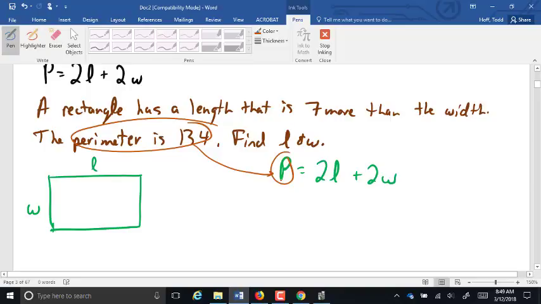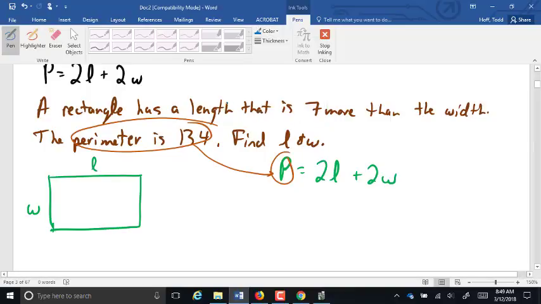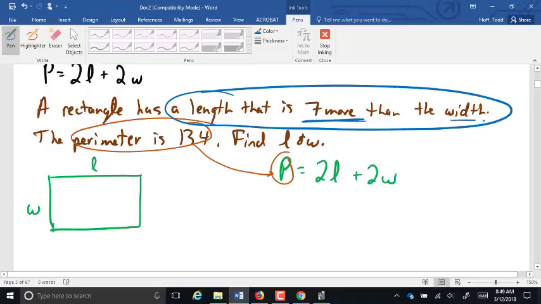But I don't know the length or the width. I have to find both of them, but I don't want to have two variables. So I need to write one in terms of the other. And I see up here it says the length is 7 more than the width. So the length is the width plus 7.